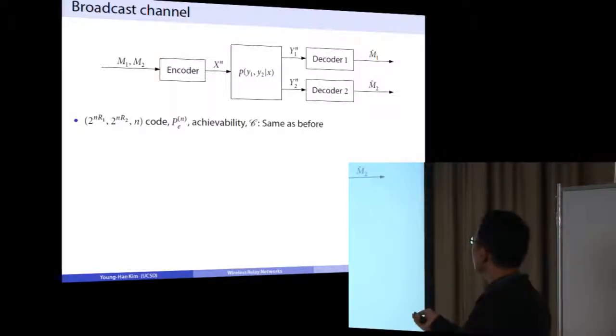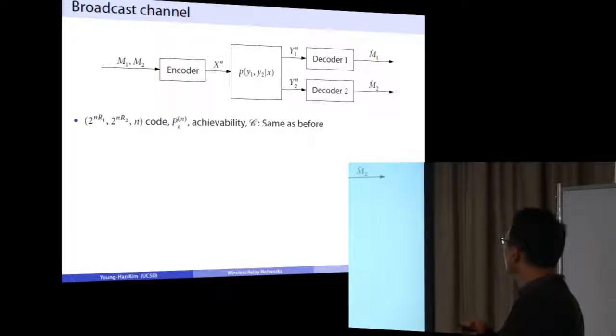And as before, we are using the stochastic channel with input x, output y1, y2, n times. So the code, which is just this encoder box and these two decoder boxes, can be defined exactly the same as before.